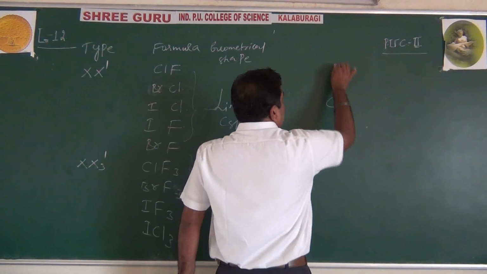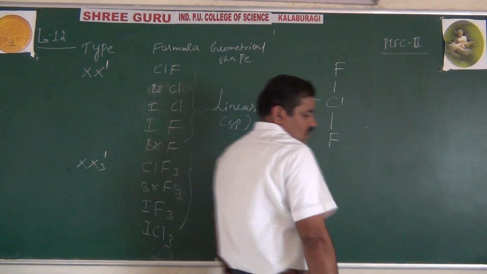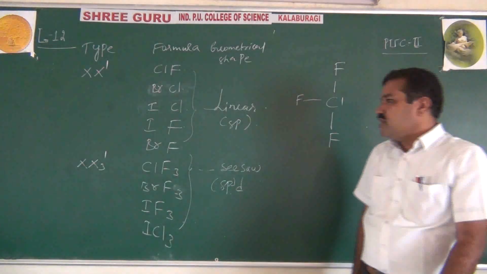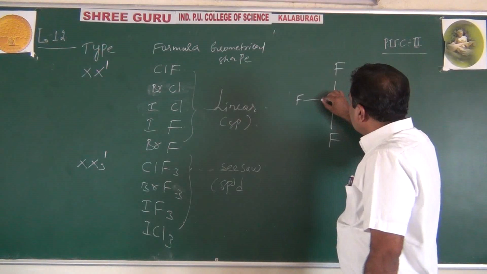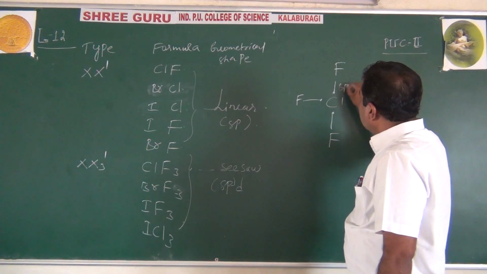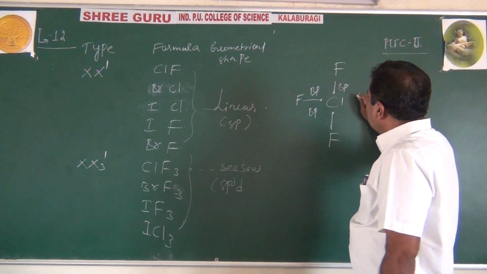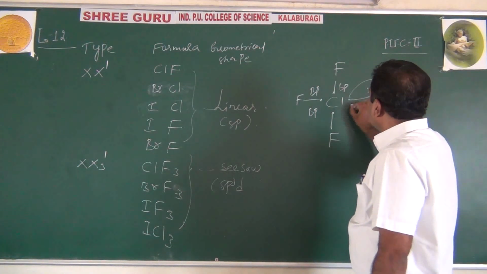ClF3. Just now you have studied chemical bonding. Out of 7 valence electrons of chlorine, it will share 3 electrons with 3 fluorine atoms, forming bonding pairs. Still 4 electrons will act as lone pairs.